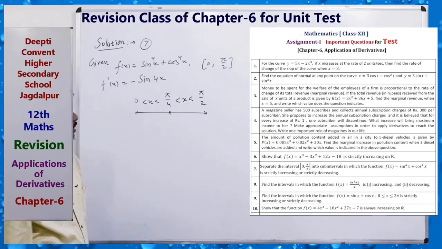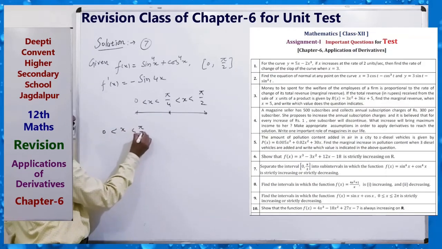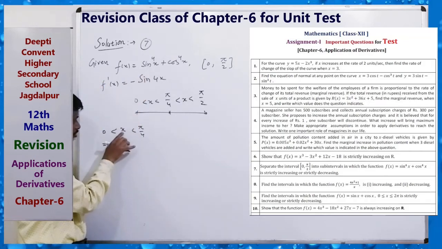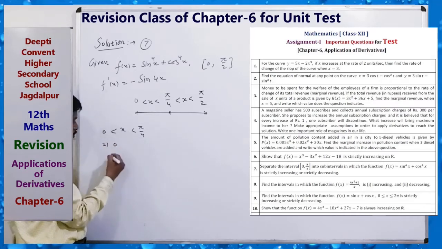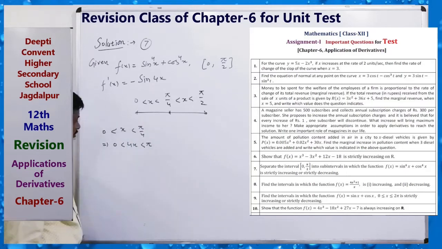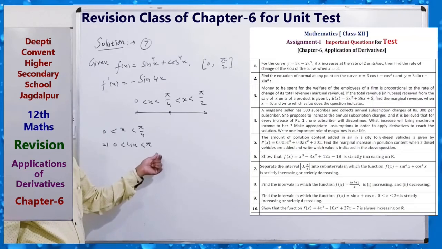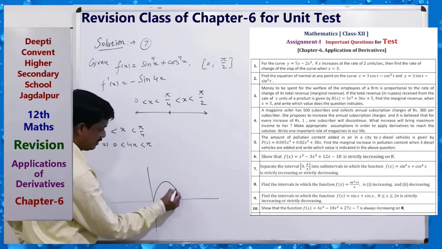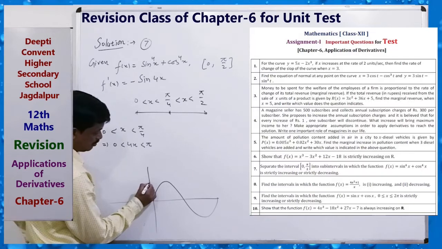So when x lies between 0 and pi by 4, multiply by 4 in all places: 0 less than 4x less than pi. So 4x lies between 0 and pi. We know the graph of the sine function and the graph of the cos function.